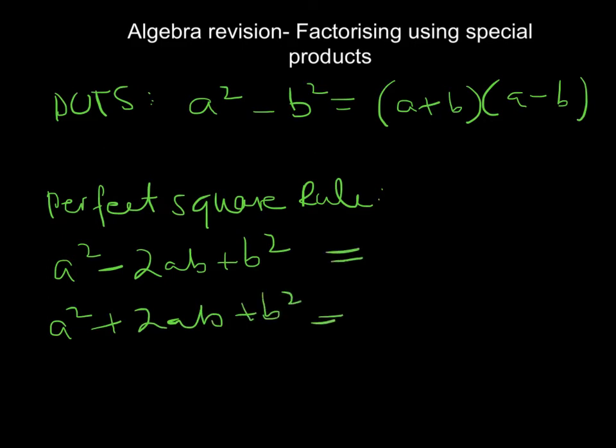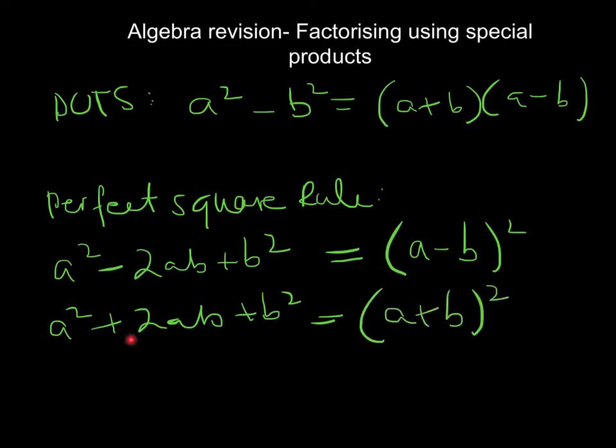And then what is that going to give me when I factorise it? I'm just going to have (a minus b) all squared. Remember, that's only because there is a minus in front of my 2ab, and then I'm going to have (a plus b) squared when there's a plus in front of my 2ab. So pretty straightforward there. Those are my only two rules that I'm dealing with.